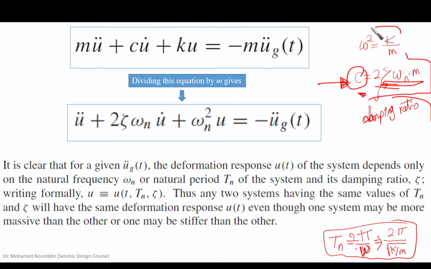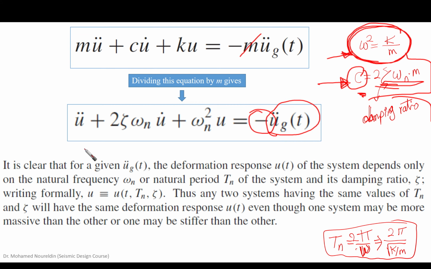This is one of the fundamental equations of dynamics, so you can find it easily in a dynamics course. Based on this, we find omega squared n u equals minus u double dot g, since m cancels, and we end up with u double dot g and the minus sign.